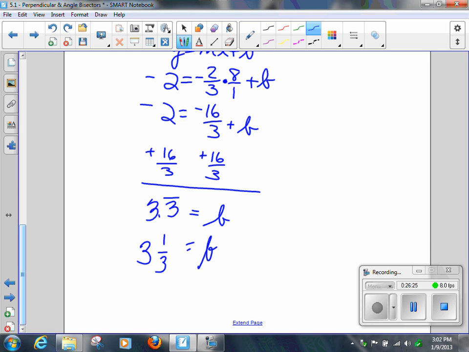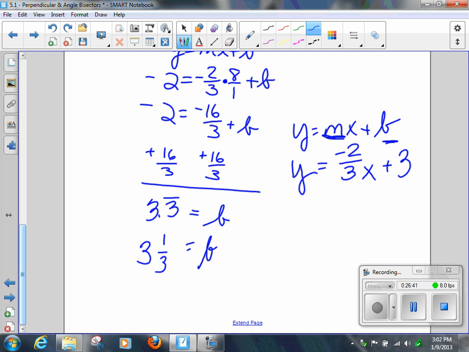Now, do I have the slope of this line? Yes. It's -2/3. Plug it in. What is the y-intercept of this line? Remember, y equals mx plus b. We're plugging into m and b. 3 1/3.